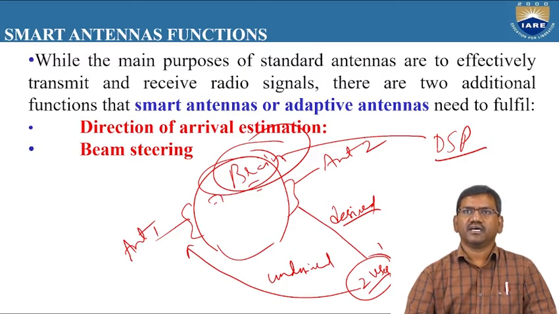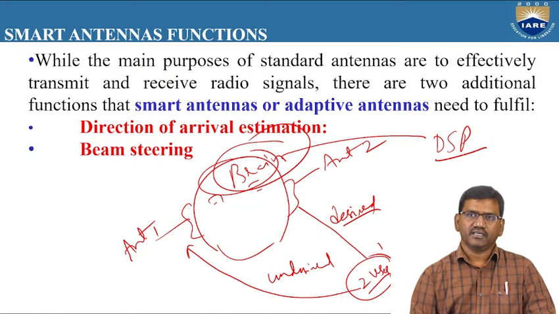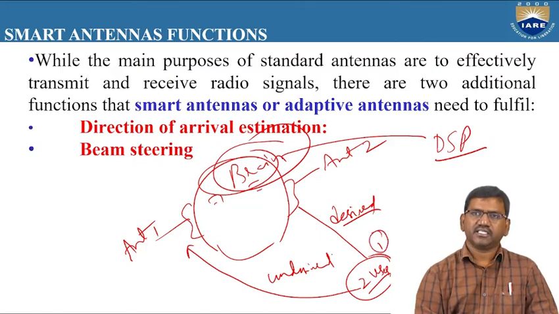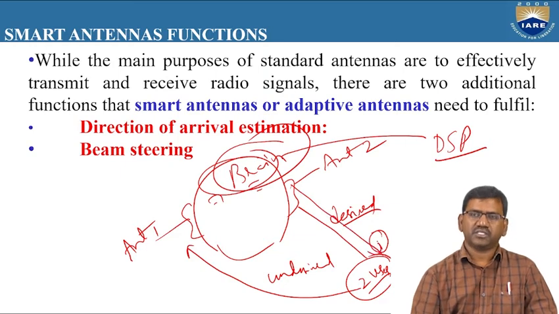That is where decisions will be taken: which instruction has to be taken, which radiation pattern has to be considered. Here, as the two signals are coming, this brain will take only the antenna 1 signal, right? And it will give a connection to this user only.